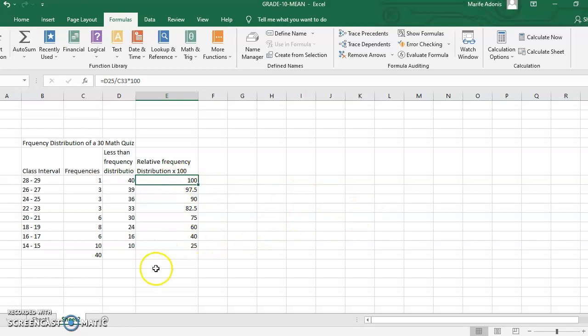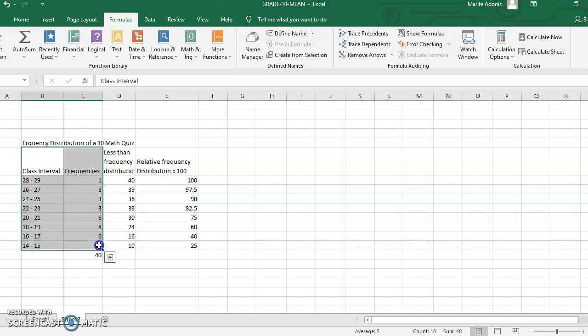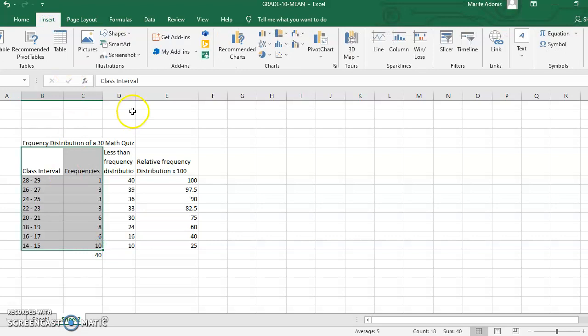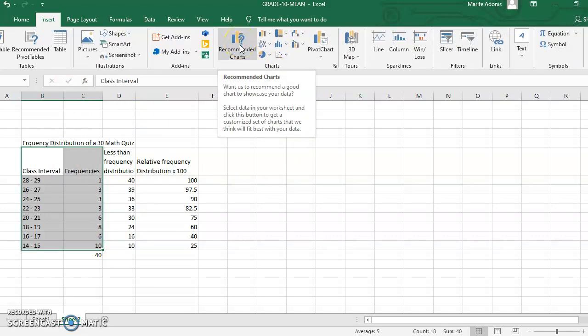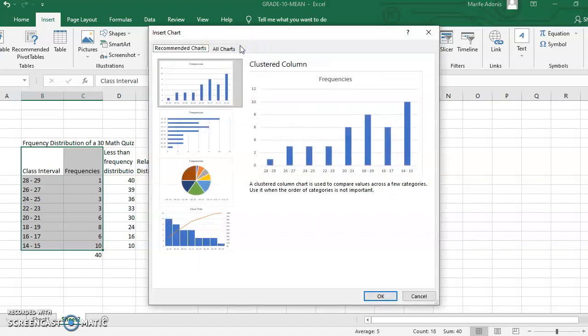This time, graph muna natin yung class interval with the frequency. So, insert, ano natin to? Okay, so, then, insert, recommended niya na ano. So, mas maganda dito, okay, ito muna pansamantala.